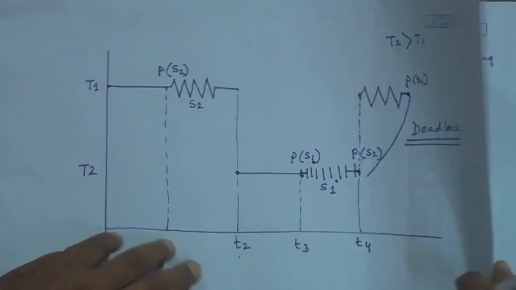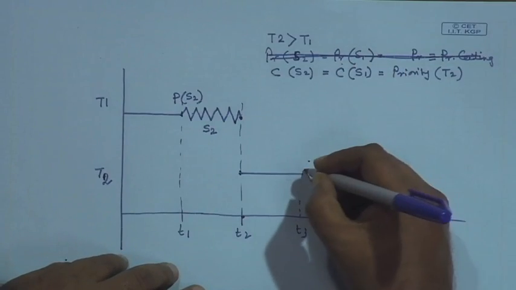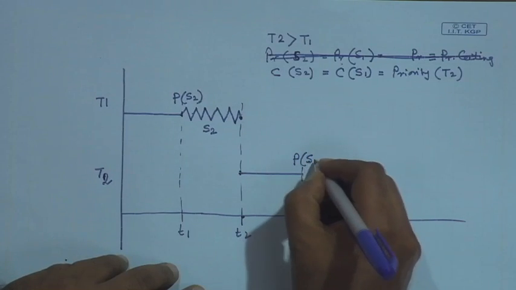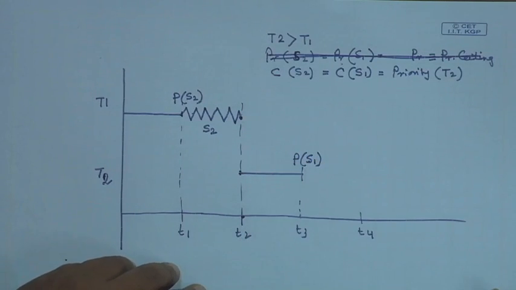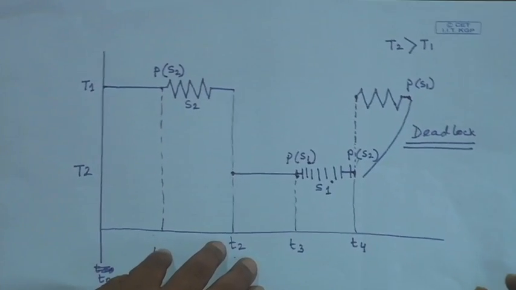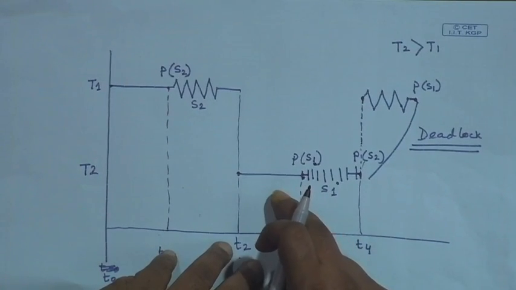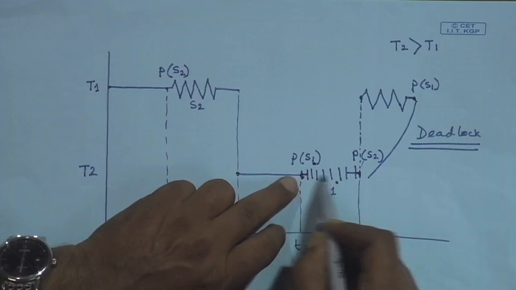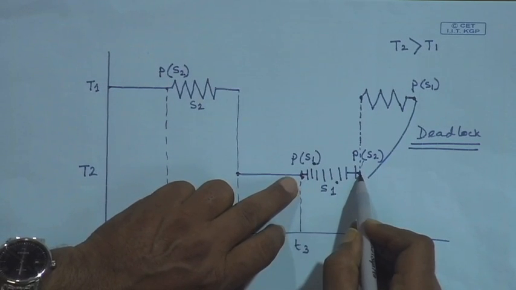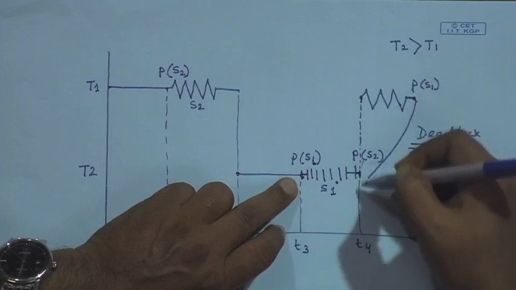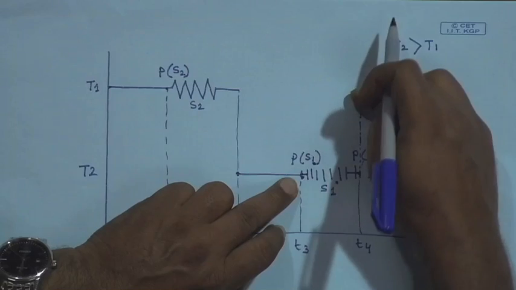So, at this point it is trying to perform P(S1). Now, under normal circumstances, as in the case of priority inheritance, it could continue, and there the priority inversion took place.